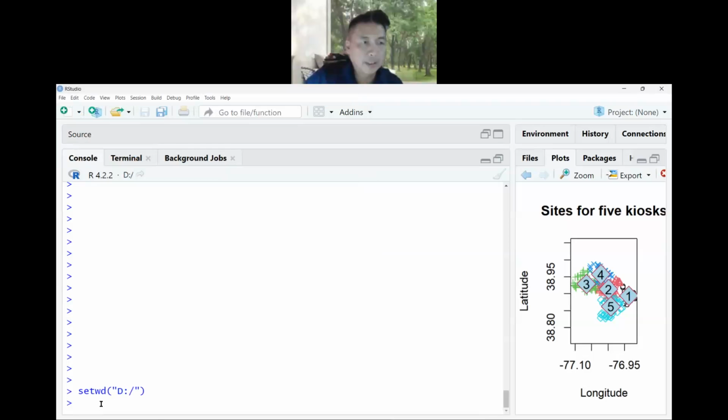Then I will read my data. This one will read credit.csv from the working directory on D, and I say all the characters remain as characters.